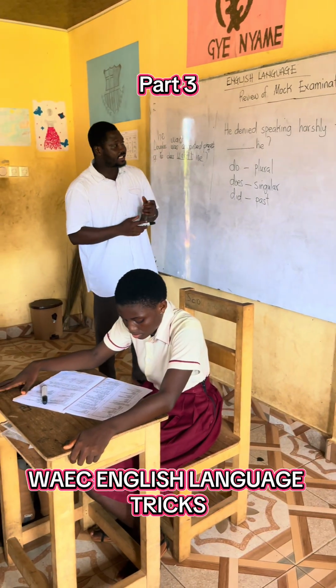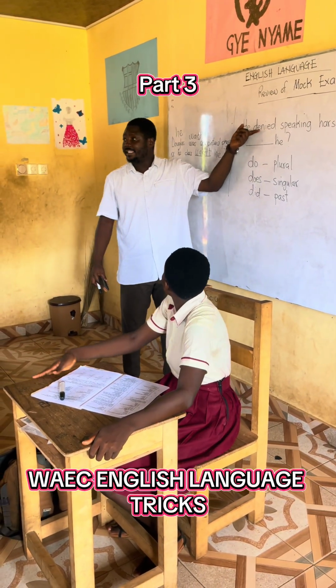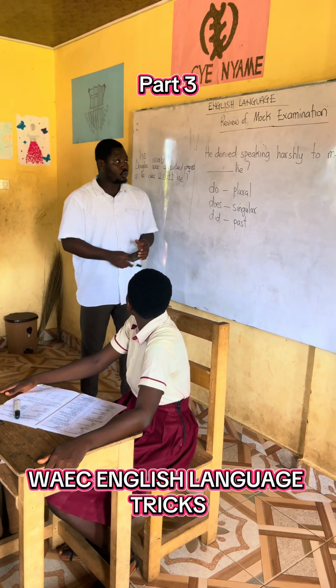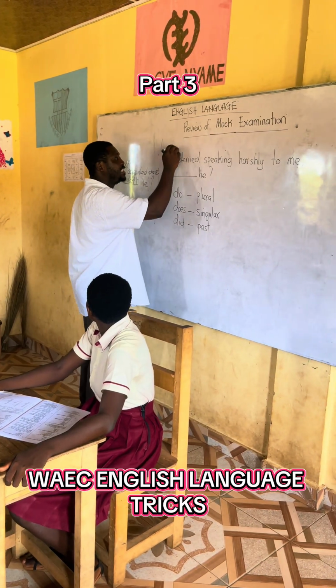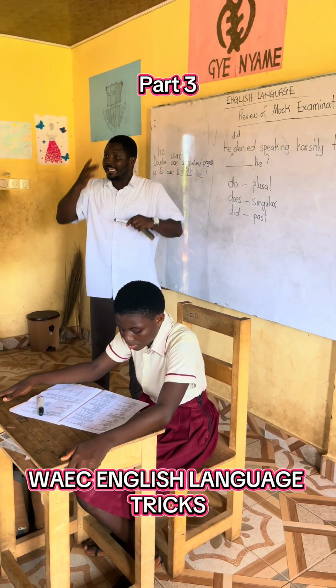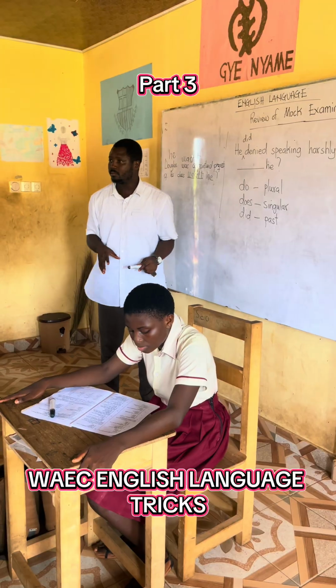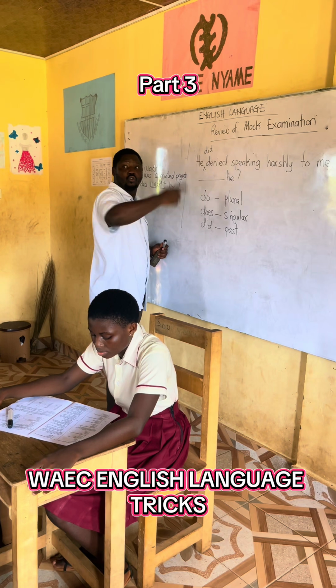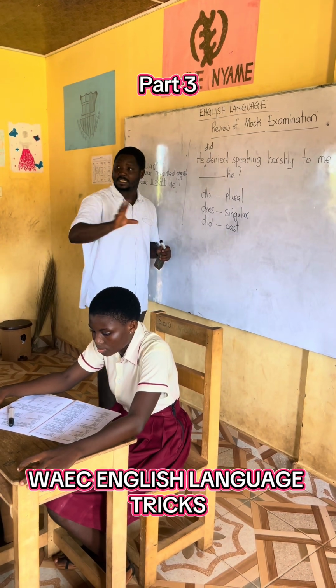Now in this case, let's look at the verb. Is the verb past? Yes. Good. Hence we have to use what? Did. So you notice that in that case, there is a did here. That's what we call a dummy do. The did is there, but it is hidden. So we have he did, then this one will change, if you want to rewrite the sentence again.